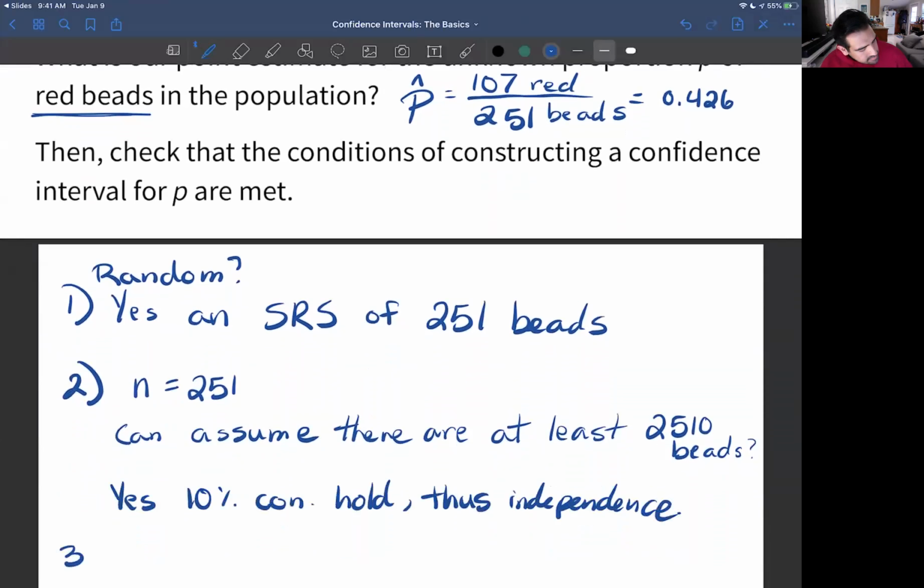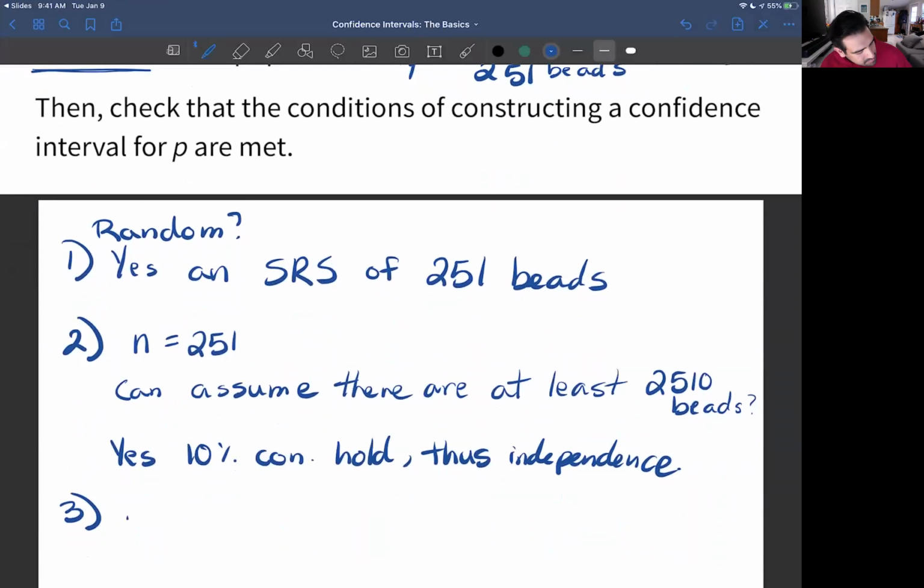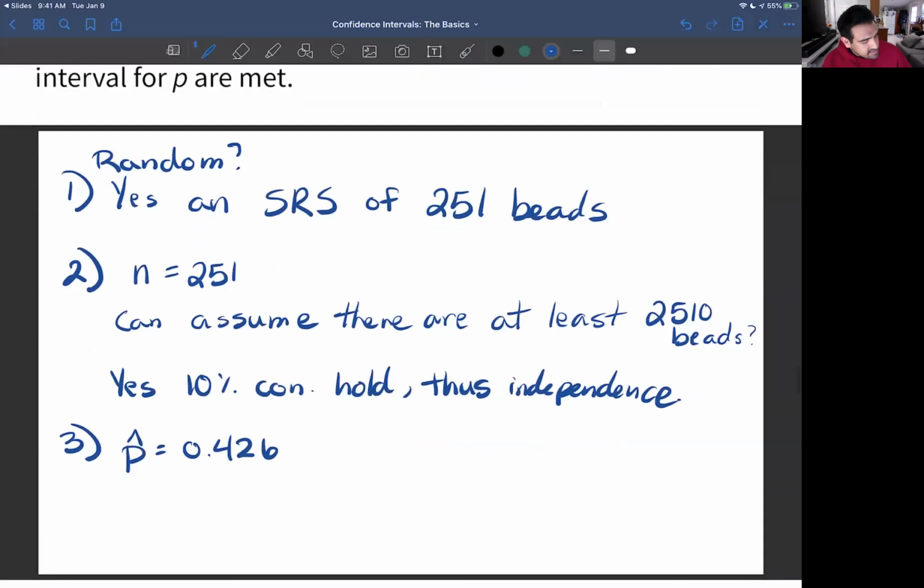Our third condition, based off of our point estimate, remember our p hat is 42.6%, so 0.426. I need to make sure I've got at least 10 successes and at least 10 failures. Is 251 times that point estimate greater than or equal to 10? Yes, and we can calculate that. We know 251 times 0.426 gives us the 107.